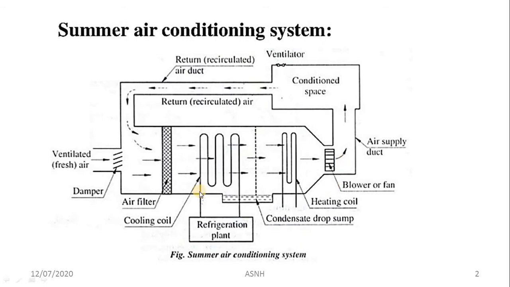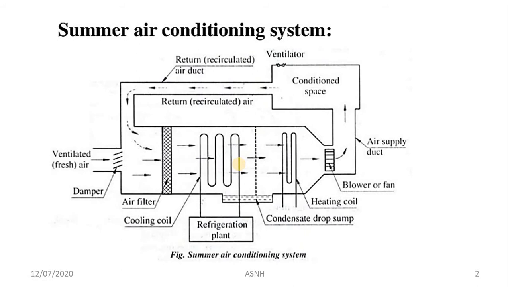Before passing through the cooling coil, the air is at a high temperature. When the air comes in contact with the cooling coil, latent heat transfer takes place in the evaporator section, and due to conduction and convection we get cooled air after it passes through the coil.